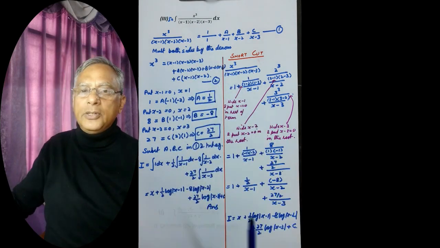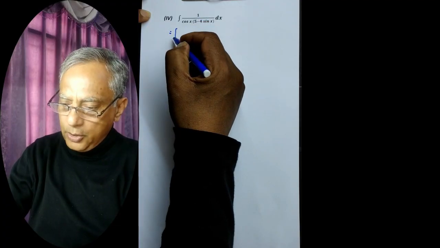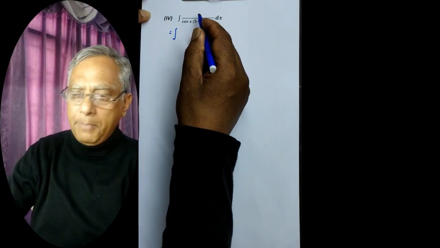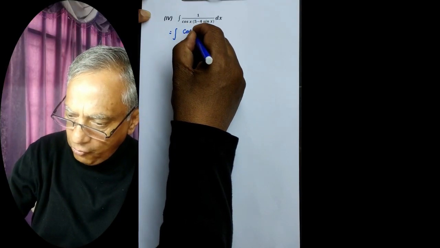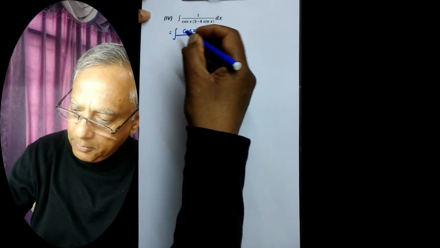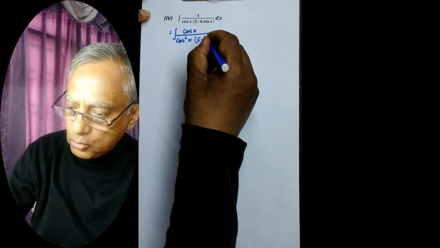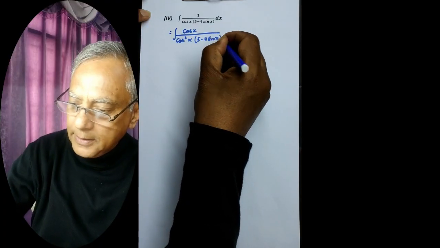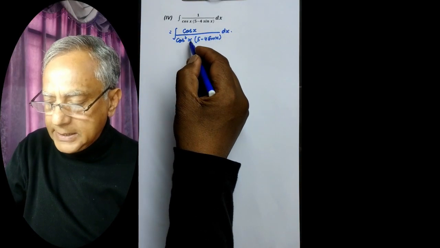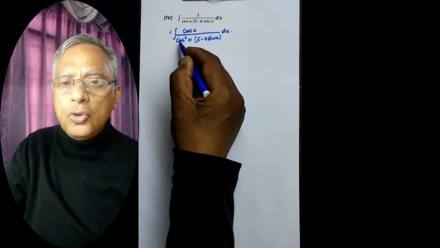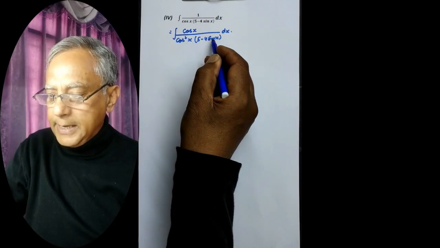Then we have this shortcut. Now next is this. In this what we do is we multiply both numerator and denominator by cos x. So this will be cos x divided by cos square x into 5 minus 4 sin x. Why are we doing this? Because cos square x can be changed into 1 minus sin square x, and then we will put sin x equal to t.